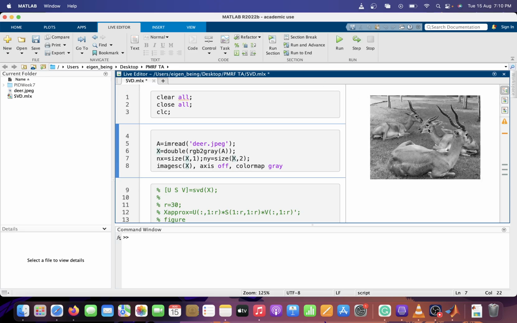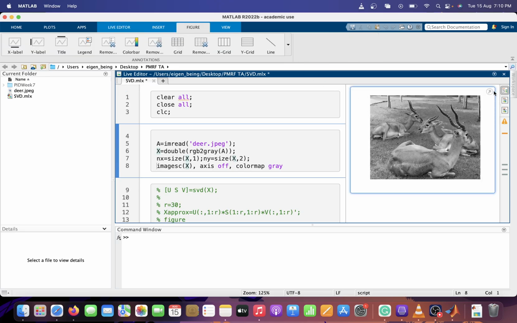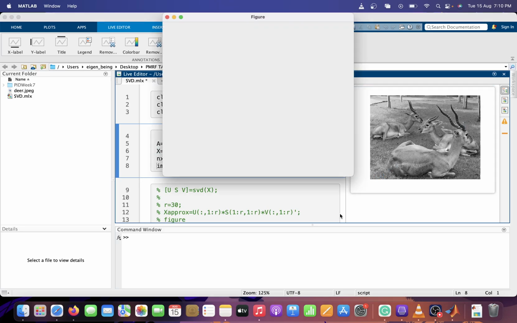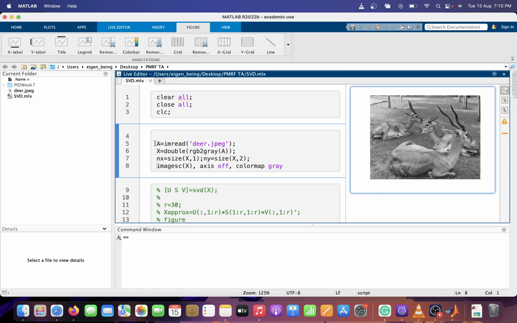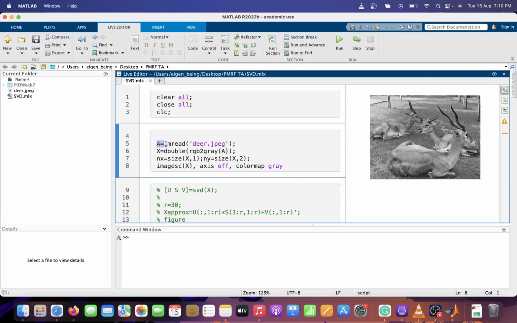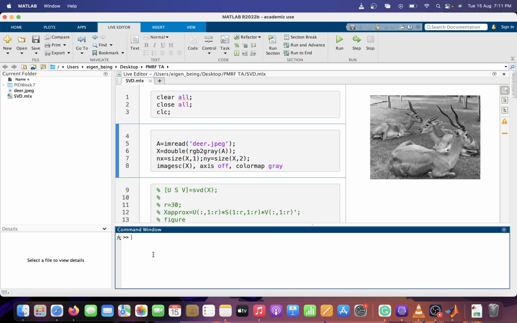Okay, so this is the image of those deer, or black bucks. This is my image. What I am doing is reading the image and loading it as A. So, what does my A matrix look like? A is called a tensor.